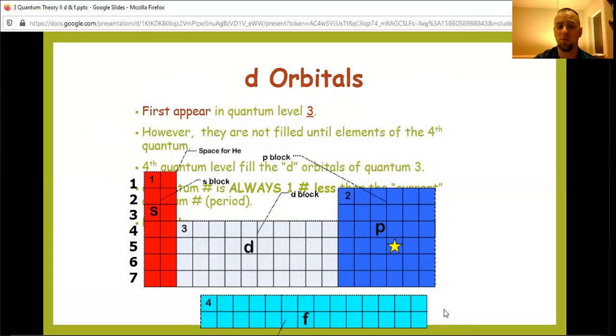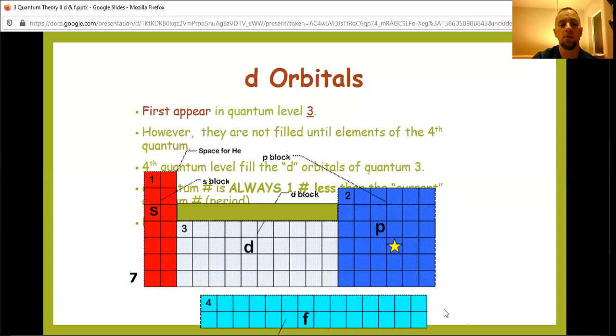It's a little bit different also. That one begins in the fourth principal quantum number. So we would normally think that those sublevel blocks for D are going to be in the third period. However, that's one of the exceptions to the rule there. It is always one less.